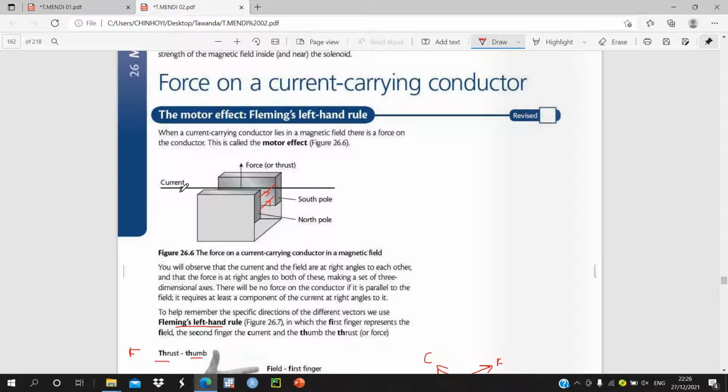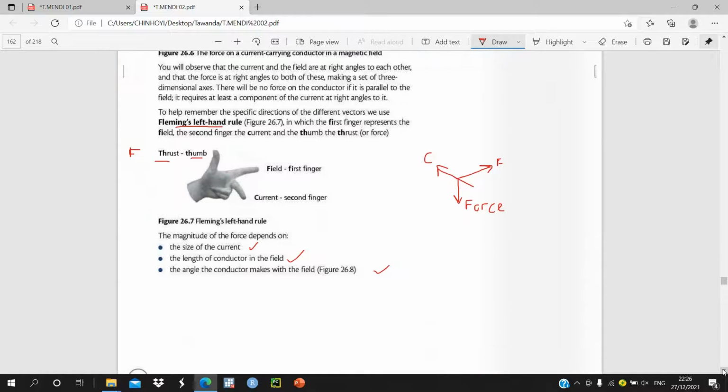So the size of the current passing through determines the force, and also the strength of the magnetic field, and the angle the conductor makes with the field.